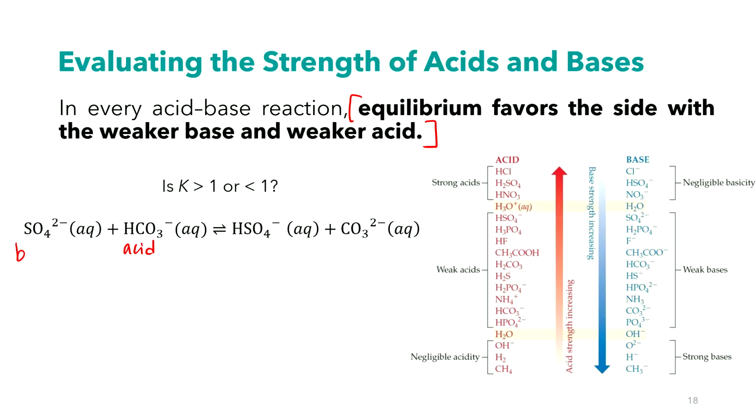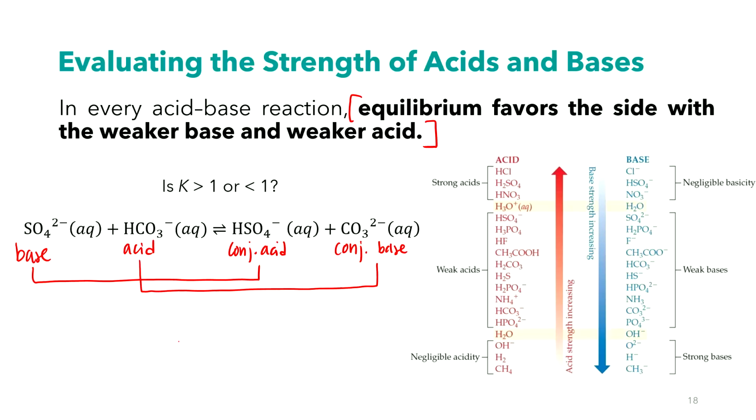So SO4 2 minus must have been the base. Then I'm going to identify my conjugate acid. It gains that proton and becomes an acid. HCO3 minus gives that proton away, and so now it's a conjugate base.